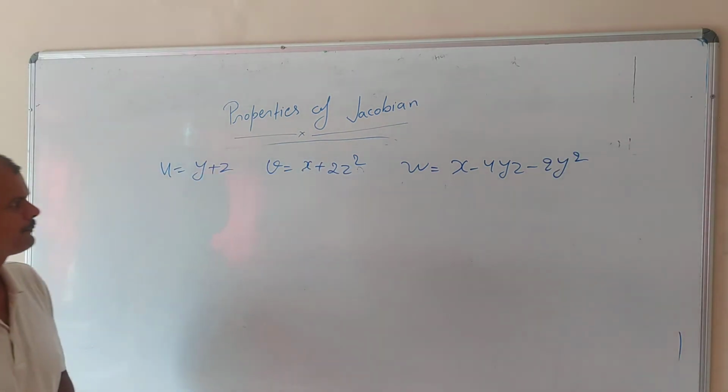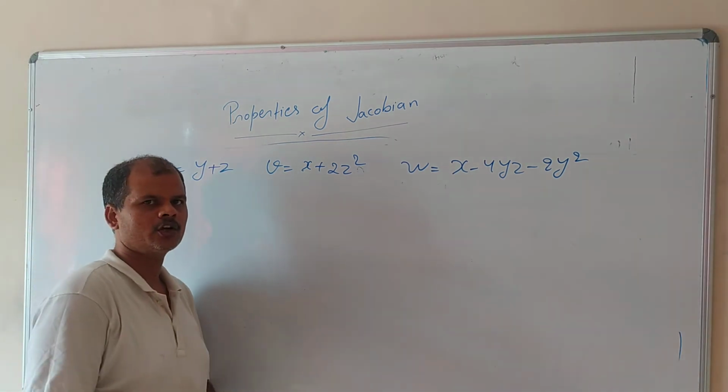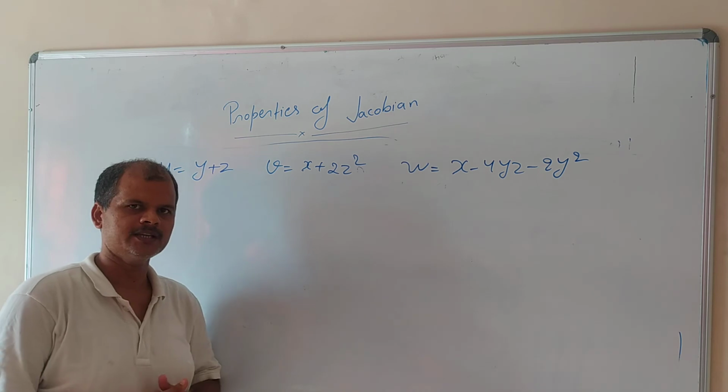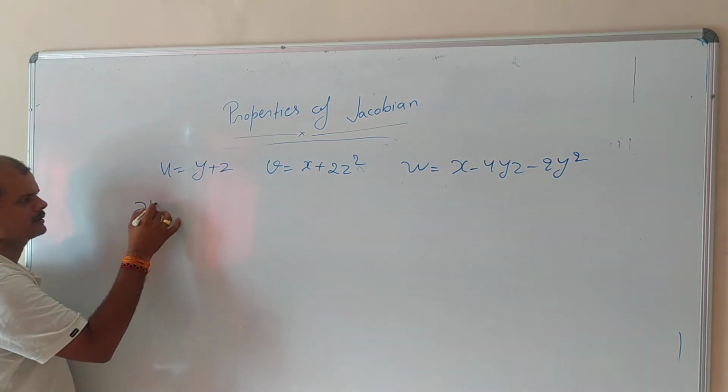The question is, check whether u, v, w are dependent or not, and if dependent, find the relation. So what do we do? It's very simple. We'll find the Jacobian first.